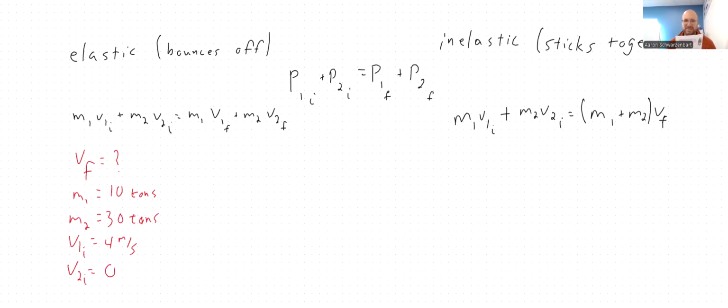So to solve the equation, I just start filling things in. 10 times 4 plus 30 times 0 equals 10 plus 30 times velocity final. 10 times 4 is 40 plus 30 times 0 is 0.